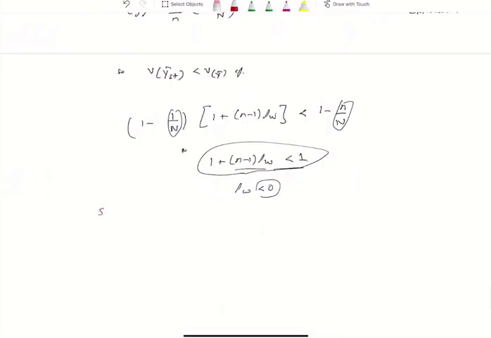So systematic sampling is more precise if and only if rho w is less than 0.